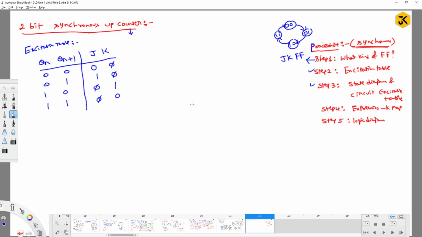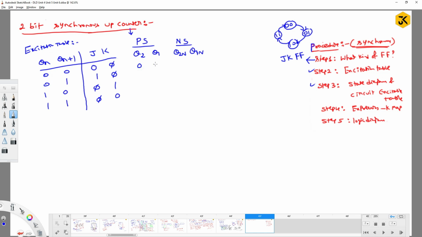Then you have to write down the excitation table for the circuit. Take out the present states, Q2 and Q1, and the next states, Q2n and Q1n.